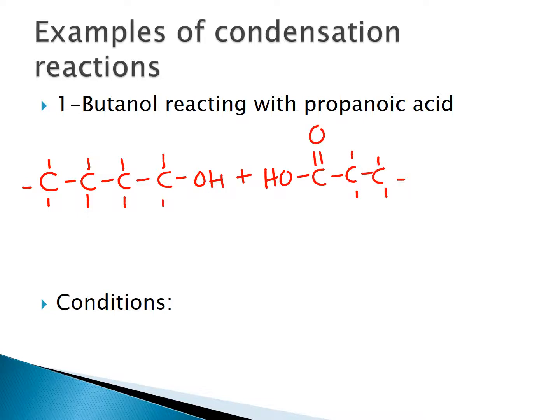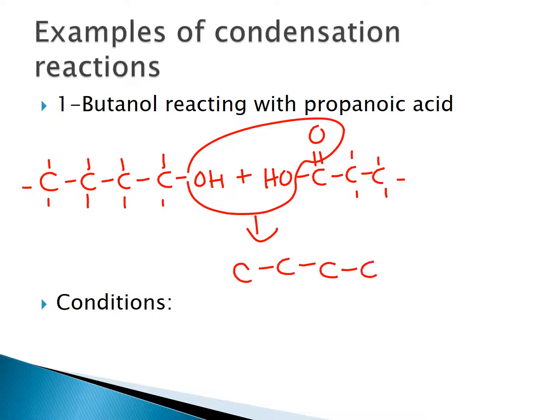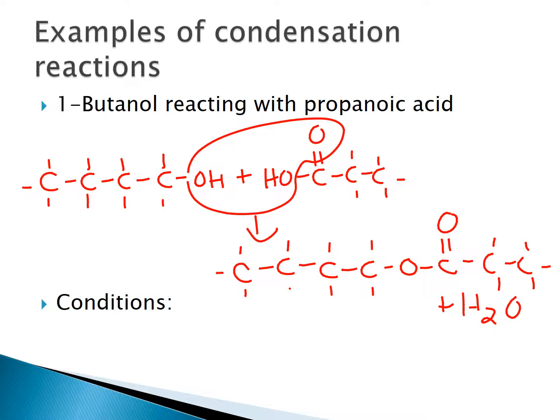Okay, so when these come together, these two functional groups will come together to produce our ester group and then the water molecule. And so the product will look like this. And then, of course, all the hydrogens. Now, there are some conditions that are necessary for this reaction to occur. You need sulfuric acid and you need heat.